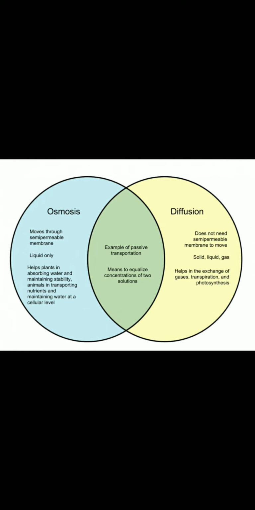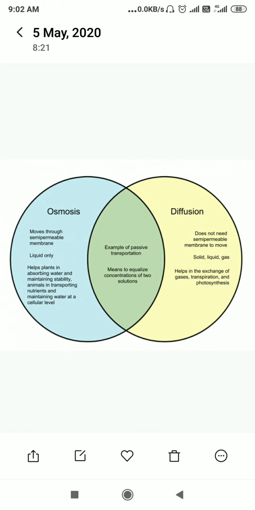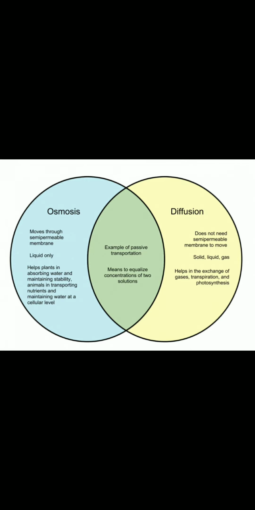Carbon dioxide needs to be transported, absorbed and released, so all these processes occur with the help of diffusion in plants during photosynthesis. You can also write down the similarities and dissimilarities of osmosis and diffusion.